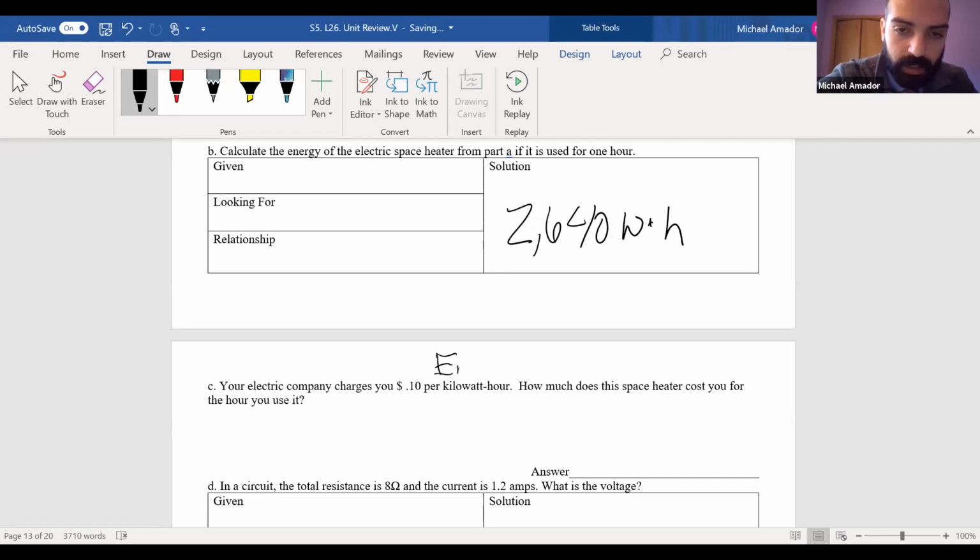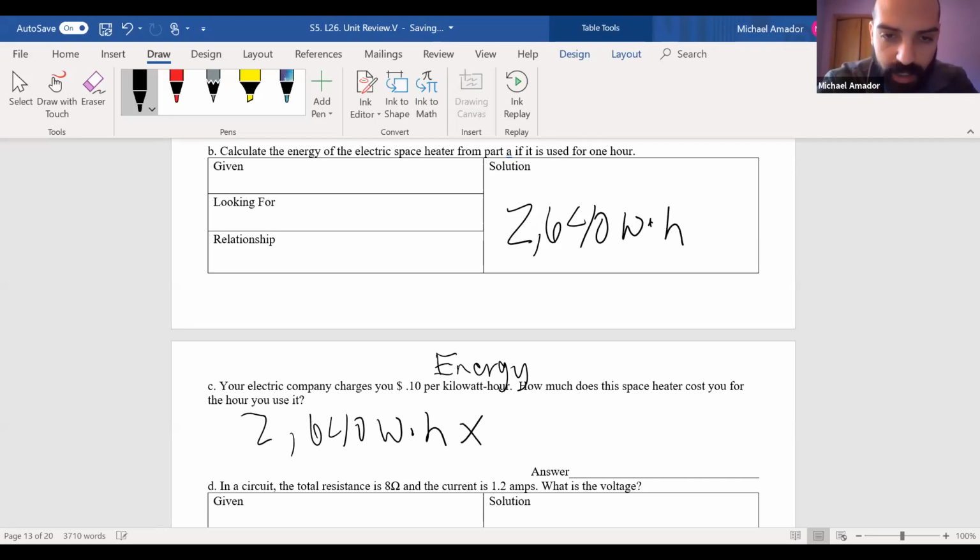But yeah, we're going to multiply the energy times the time. So we have 2,640 watt hours, and we're multiplying that by 10 cents. This is supposed to be a dollar sign here. We're multiplying that by 10 cents per watt hour.